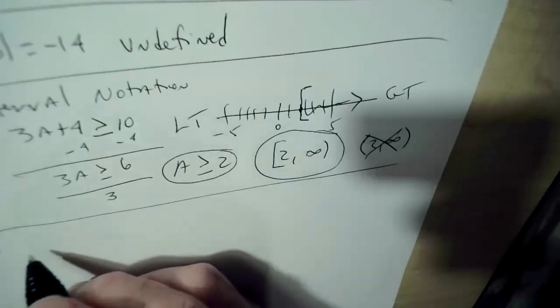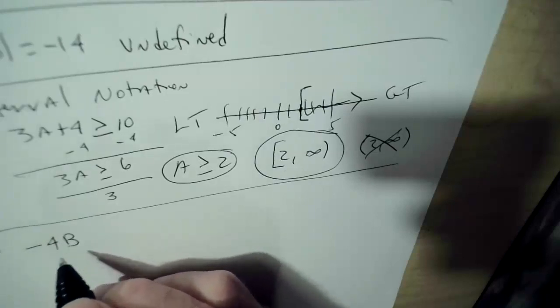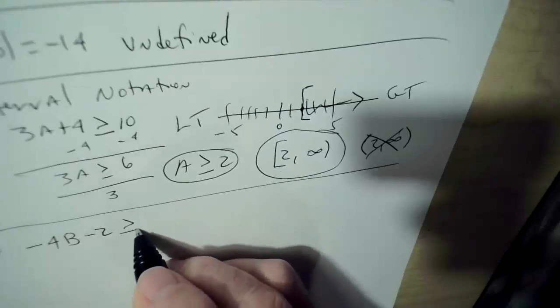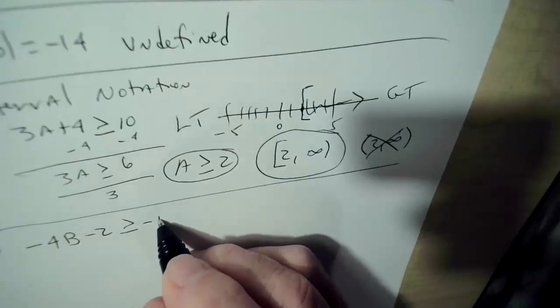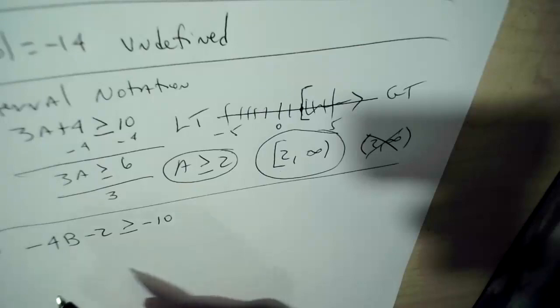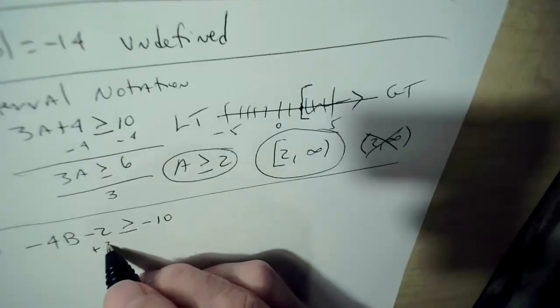25. Same thing, interval notation: negative 4b minus 2 is greater than or equal to negative 10. Now look, we're going to have to divide by a negative number here, which means our sign's going to flip.